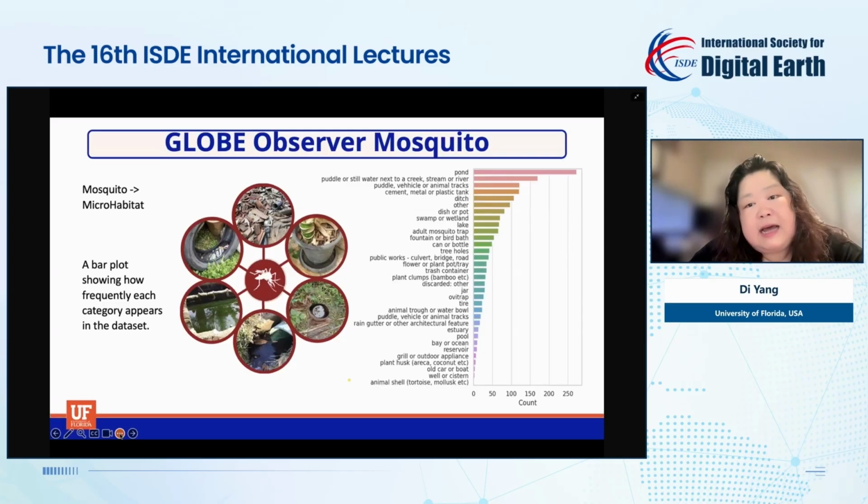On the right side, we are showing the distribution of all those mosquito habitats. The microclimate habitat is also a linkage between Earth observation, like remote sensing data, and ground truth data.